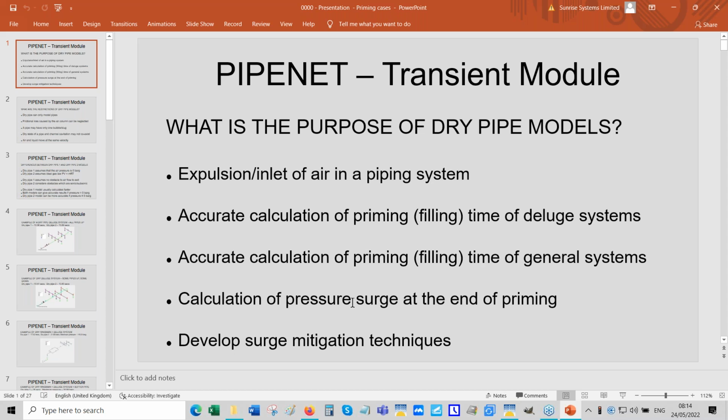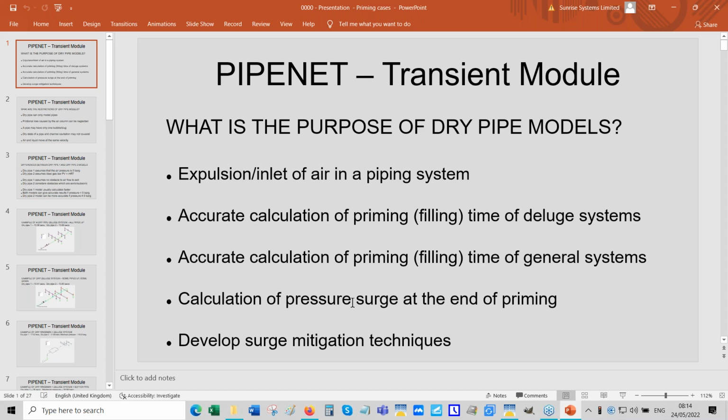But the last nozzle that actually started discharging water is a special one. Why? Because it's much easier for air to escape through a nozzle than for water. And so when the water reaches the last nozzle, there's a sudden deceleration of the whole system.